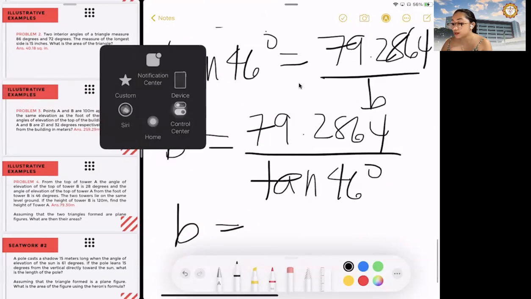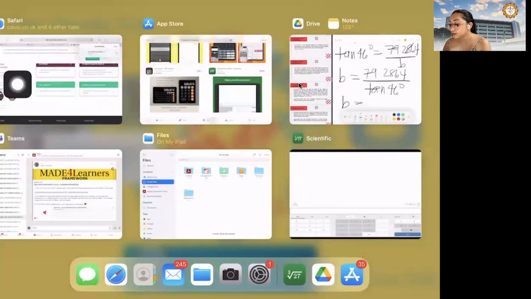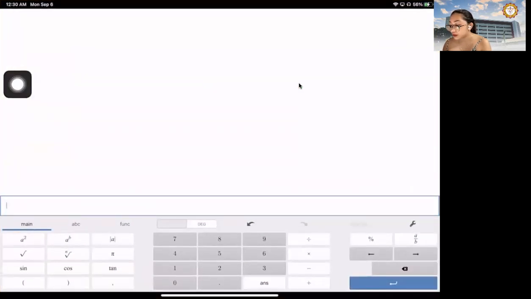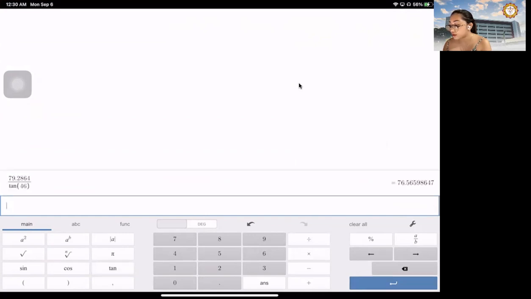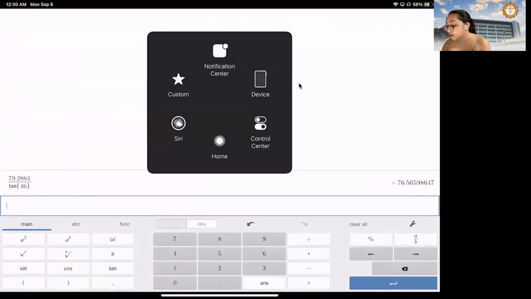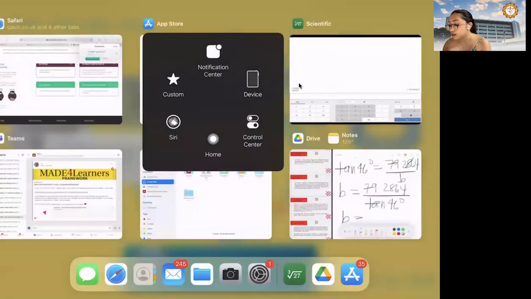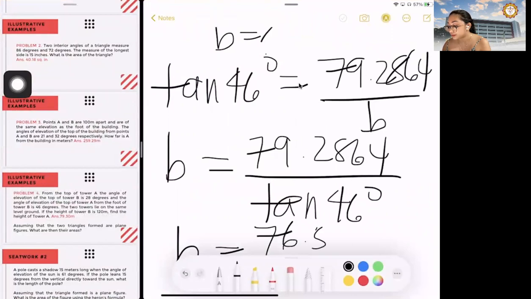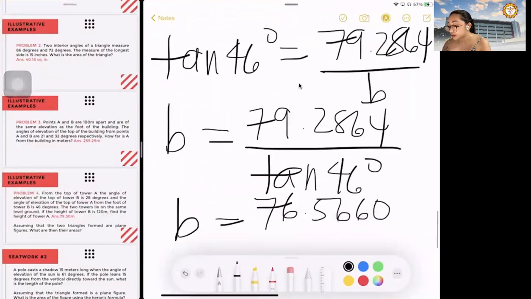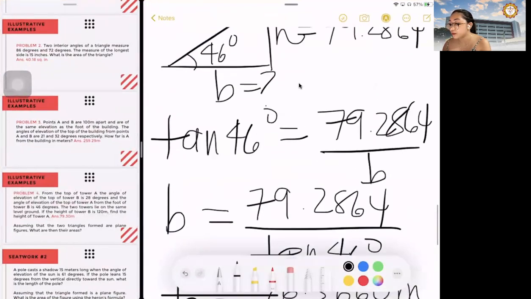So base is 79.2864 divided by tangent of 46. Answer: 76.5660 meters.